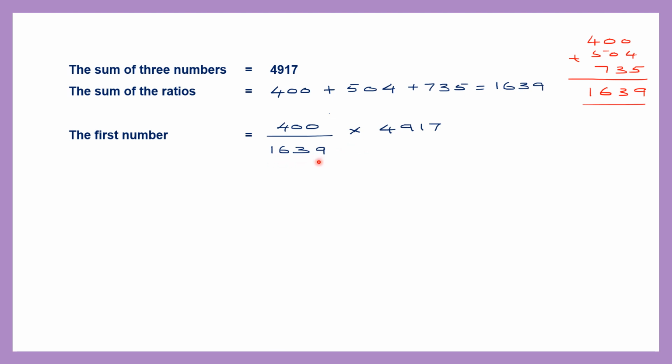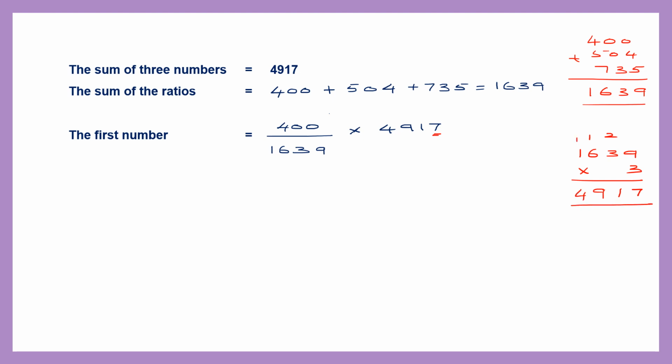1639, let's multiply it by a number to see whether we get this number. So let's try that. 1639, let's try multiplying it by 3. Now I took 3 because this number is ending in 7. 3 nines are 27, isn't it? That's why. 3 nines are 27, carry 2. 3 threes are 9, 10, 11, carry 1. 3 6s are 18 plus 1, 19. 3 ones are 3 plus 1, 4.